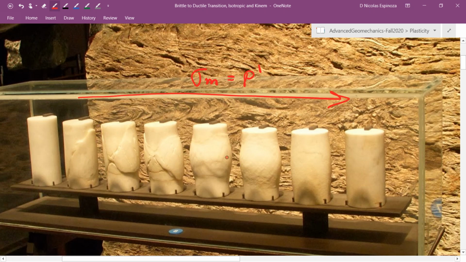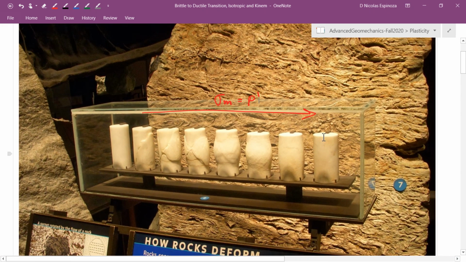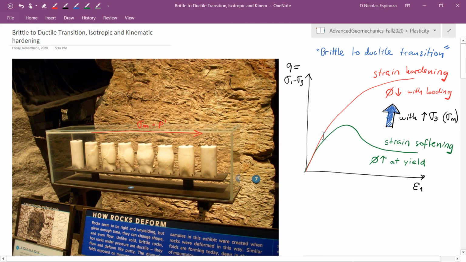As we move forward with higher mean stress, we have distributed failure in the sample. And this is very important because this can explain the deformation and failures of rocks at a high depth. Most times we're used to thinking about rock failure in terms of ambient conditions, low pressure, low temperature, but at significant depths, that's not what happens, and it might be significantly different to what we have on surface.